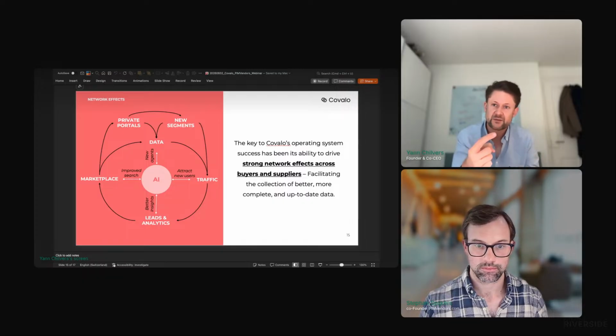That improved the data quality because they were seeing the value of sharing more information to get more qualified requests from customers. And then as this loop reinforced, we started to onboard customers on the private portals that I described earlier, which again meant that we went from being just a data consolidation platform to really becoming the source of truth for many of these companies. So that improved again the data depth, but also how accurate this data was.